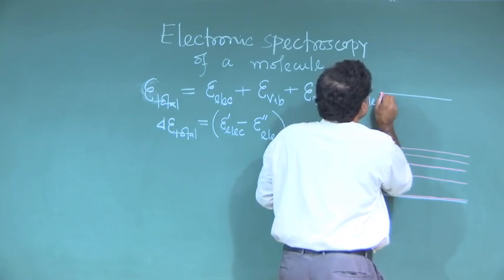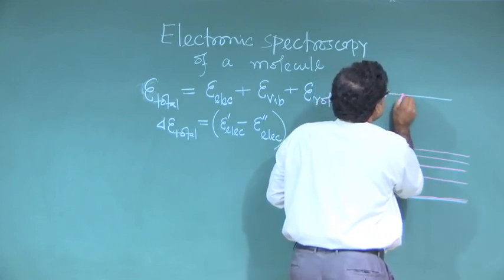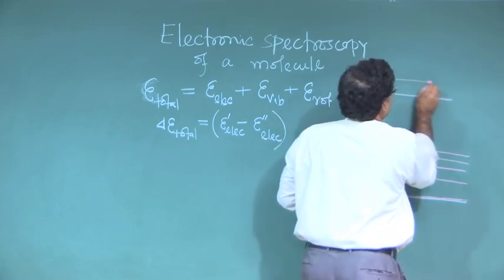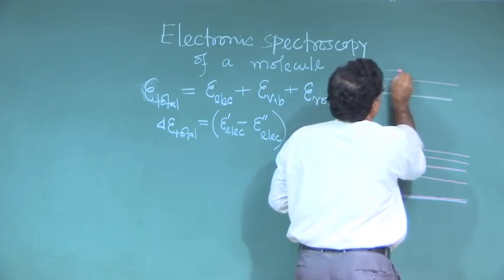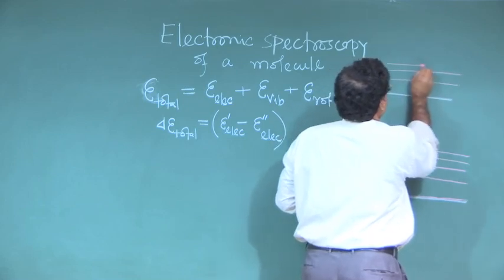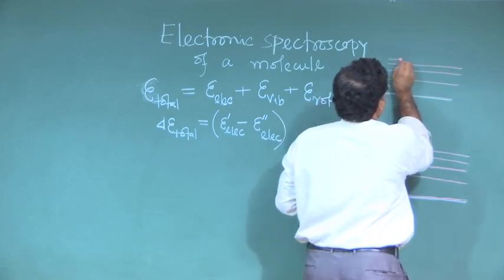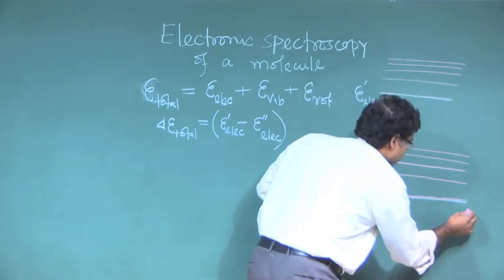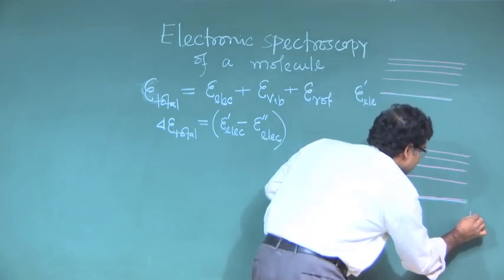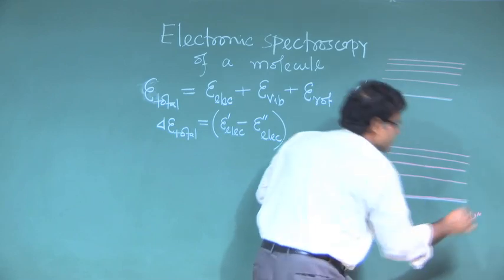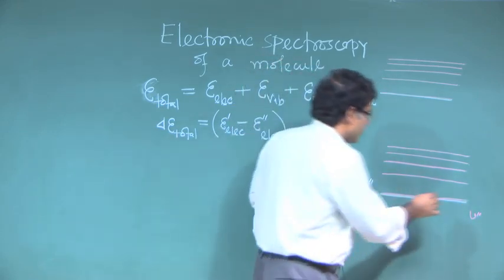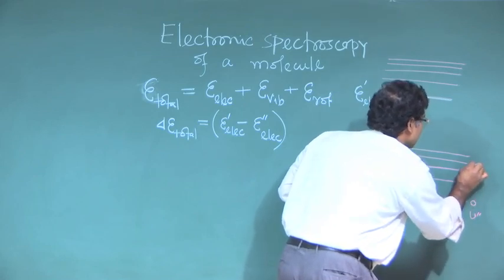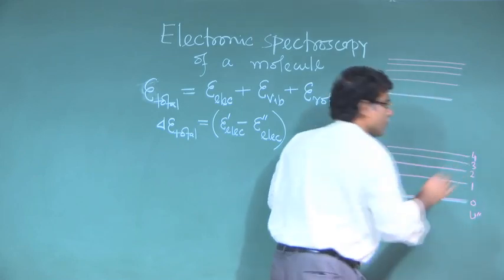For these electronic states, the vibrational energy levels are like this. If we label the states V double dash, this is 0, 1, 2, 3, 4.